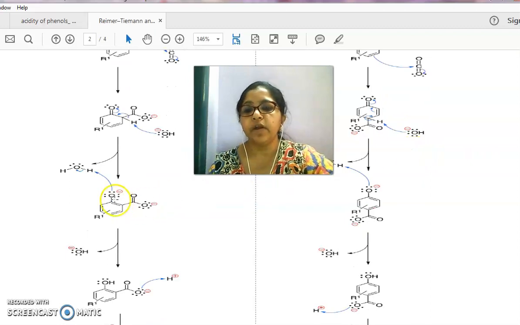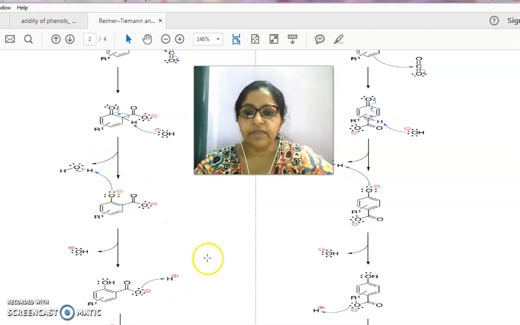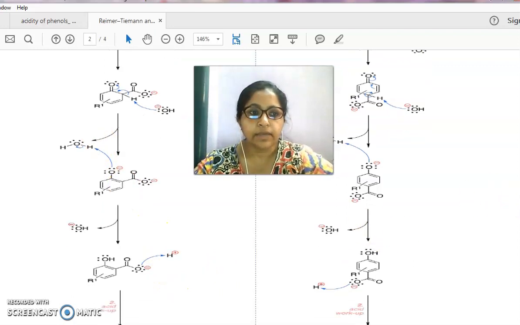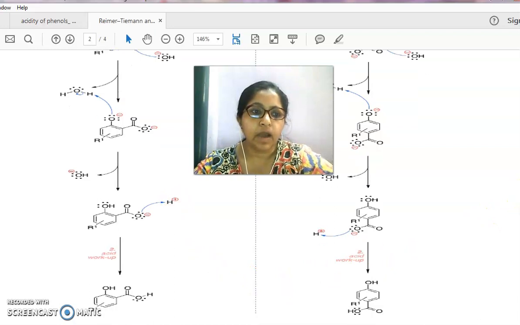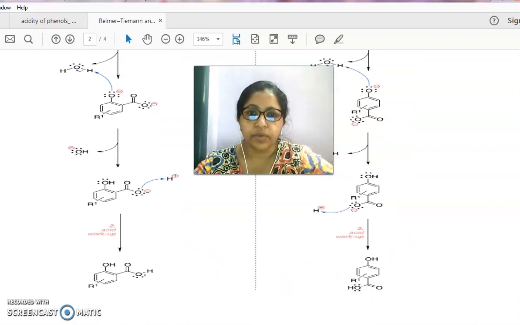The phenoxide formed here has two negative charges right now and is very unstable, so it will lose one of the negative charges by abstracting a proton from water and giving back the phenol and carboxylate ion. This carboxylate ion again takes a proton from the water molecule and we get ortho hydroxy benzoic acid and accordingly para hydroxy benzoic acid.